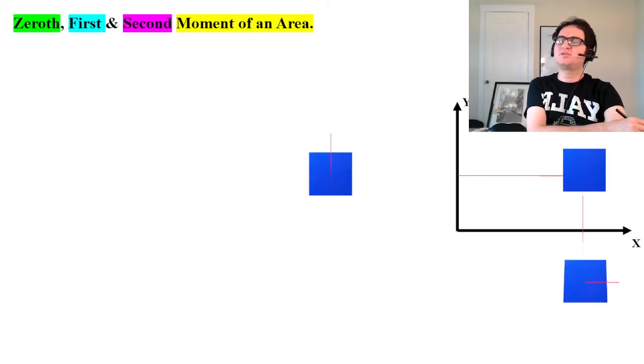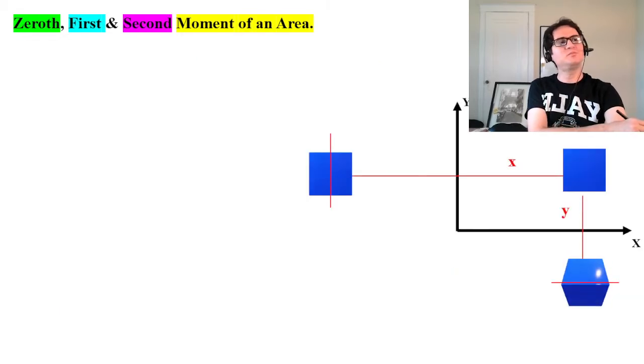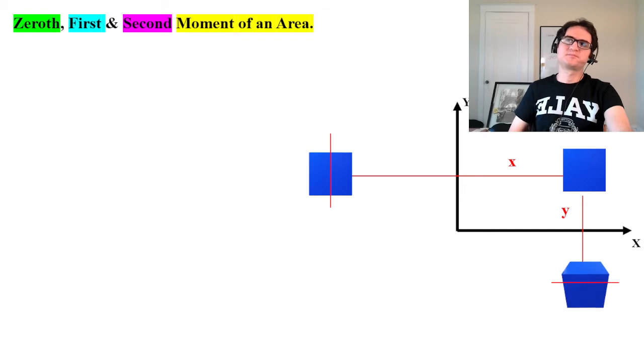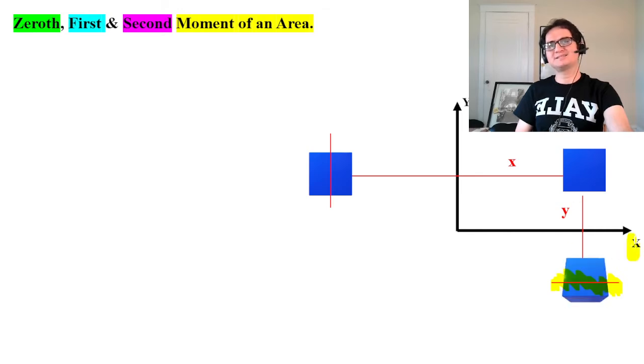And the last one is the second moment of an area, or moment of inertia. If you want to keep the sample in revolution about the x-axis, that's Ix, and Ix is equal to the integral of y squared dA.